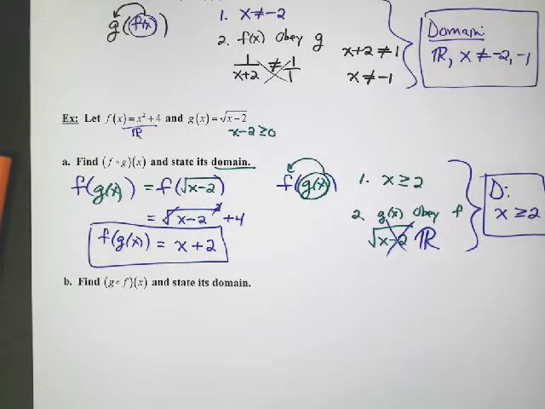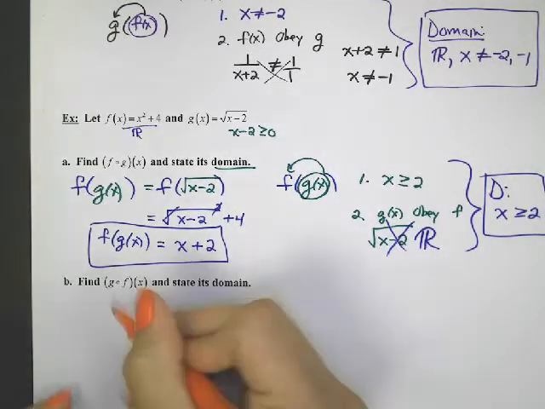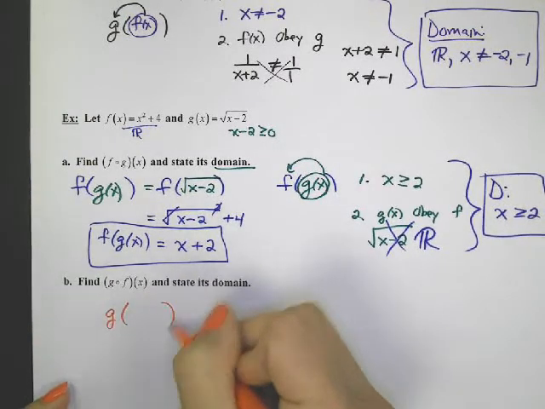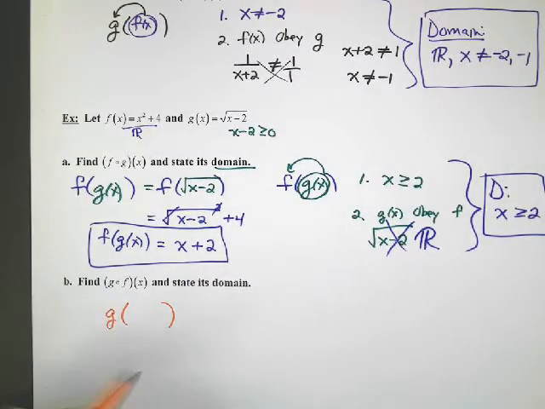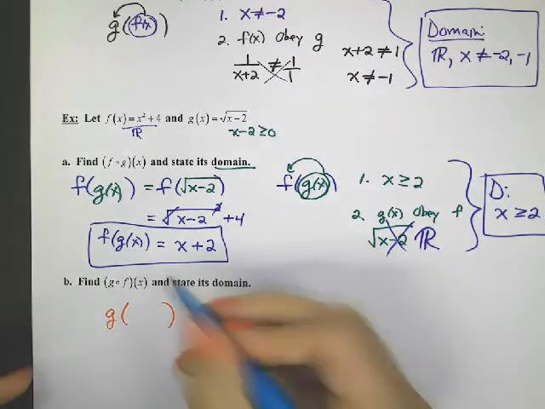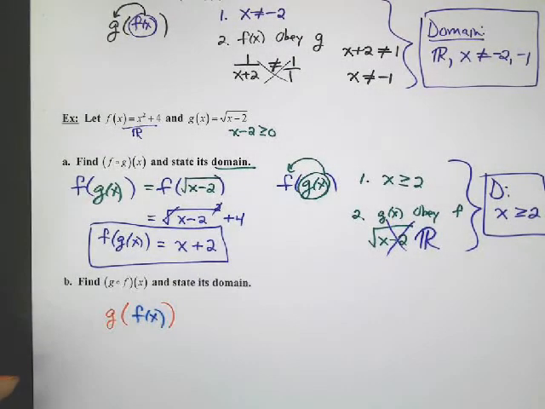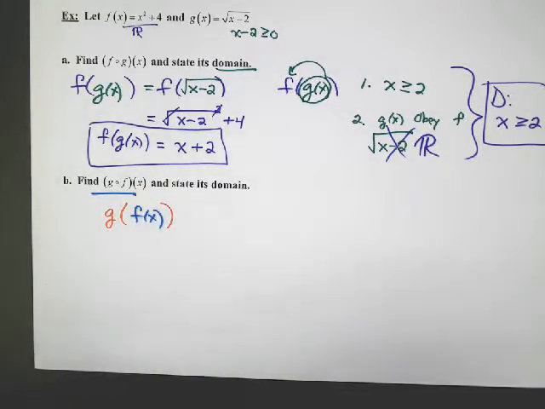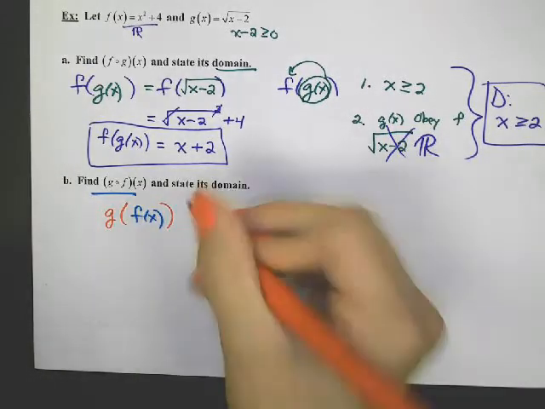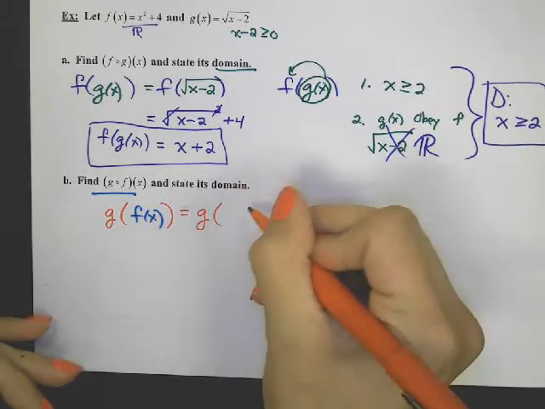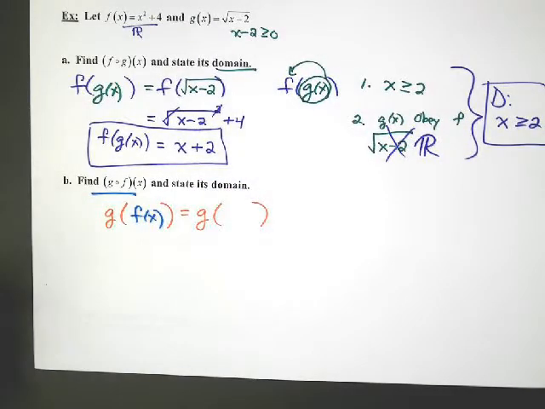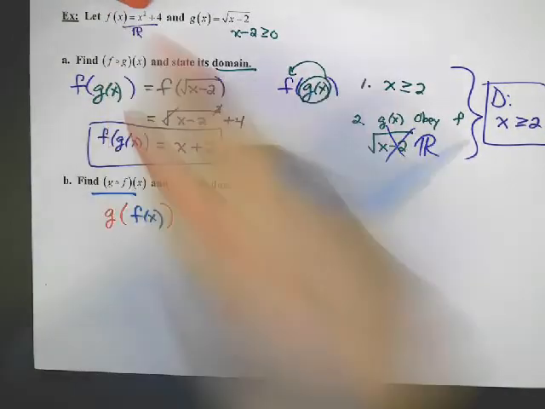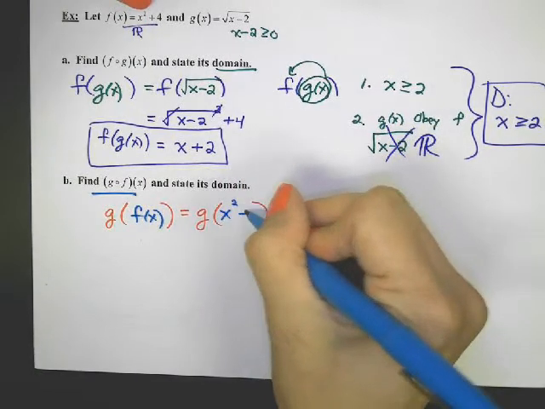Okay. And the next one, we have g of f of x. All right, so let's compose. Let's find the composition, and then we'll state the domain. So we have to do g of f. Let's write the f function in there. f is x squared plus 4.